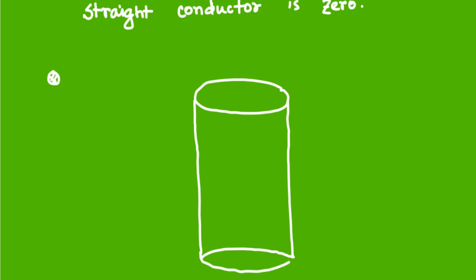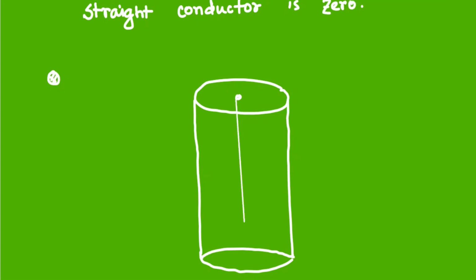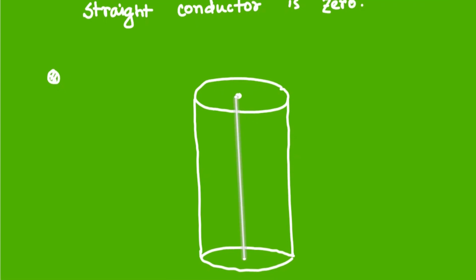We are drawing a cylindrical straight conductor, and the axis of the cylindrical straight conductor is XY. O is a point on the axis and P is a point on the surface of the cylindrical straight conductor.